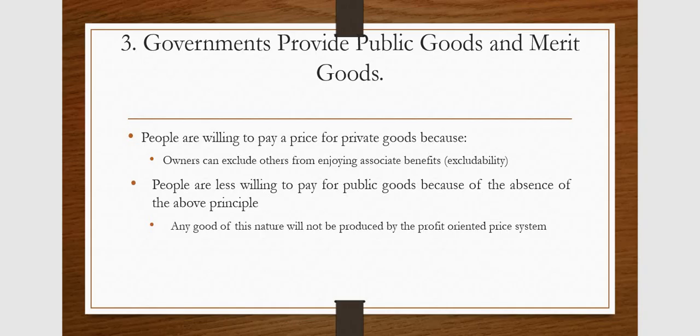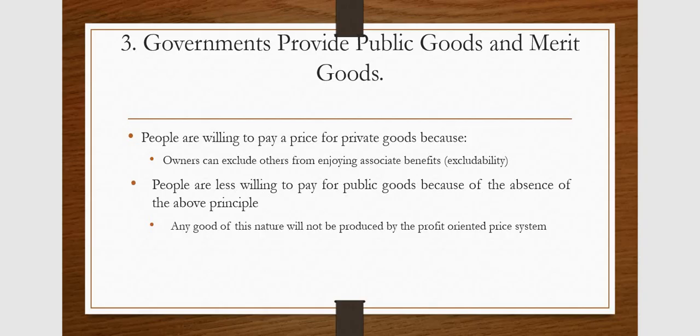Here we are saying governments provide public goods and merit goods. And so public goods in some way are similar to merit goods. Because merit goods are goods whose consumption is generally deemed to be good, right? So what constitutes a merit good is defined by the political process, according to what the government deems to be socially desirable.